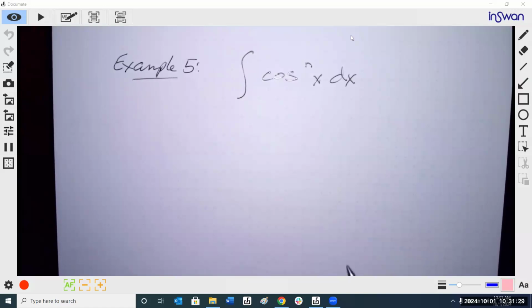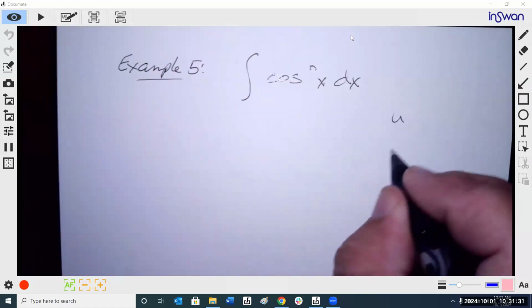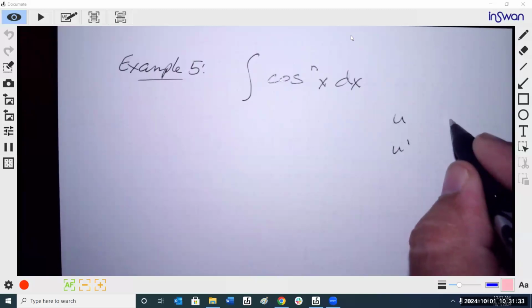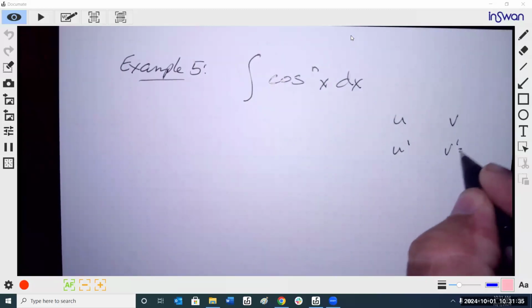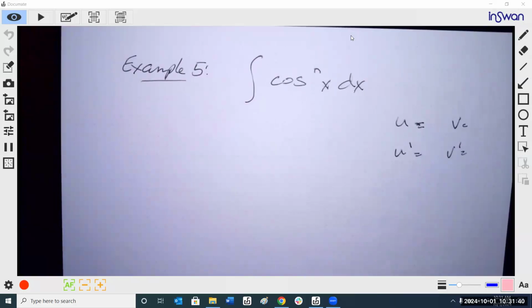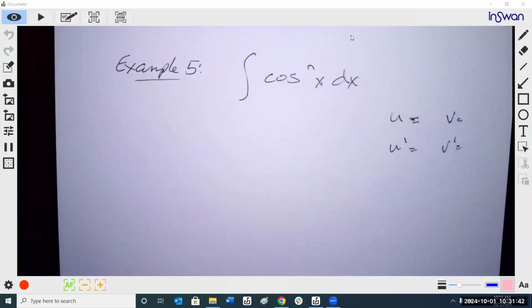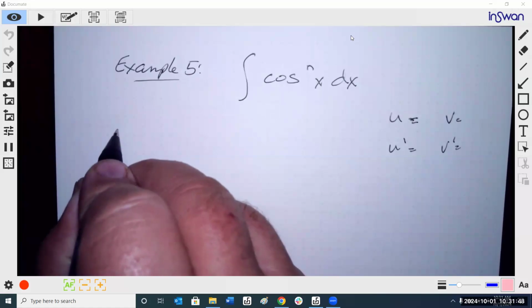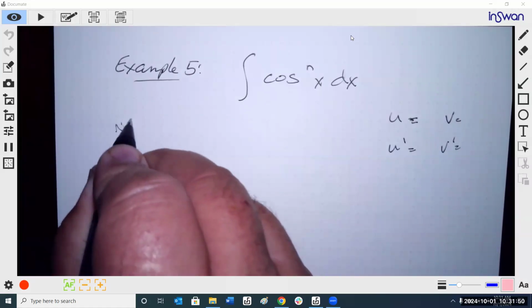So what's this going to be? Because remember, we still have to come up with our u prime, v prime. We have to remember this.